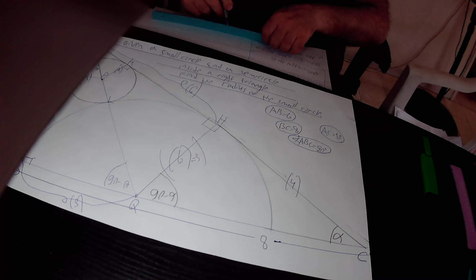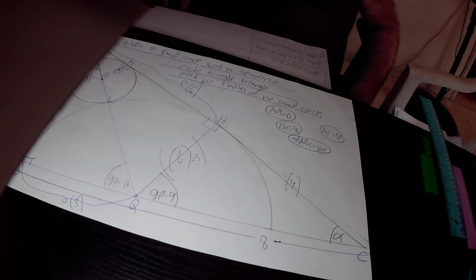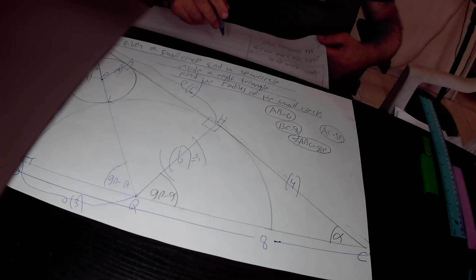And from the fact that the right big triangle ABQ is similar to the right small triangle ANP, we derive that the following relationship exists between their sides.